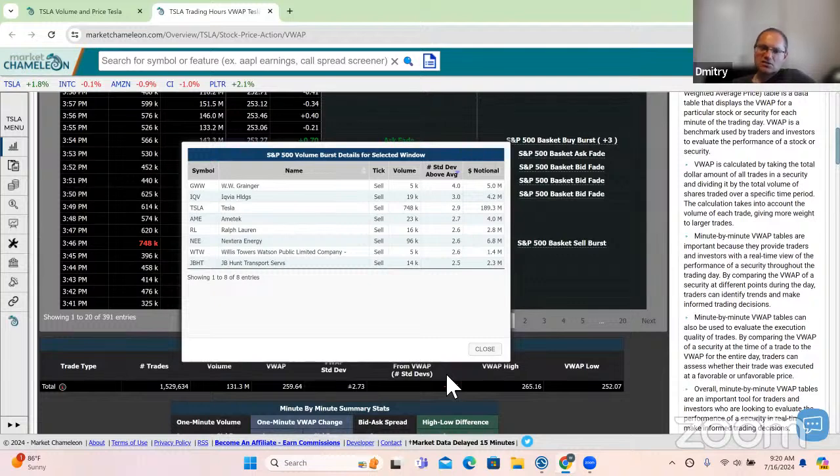8 stocks had a sell burst in the same period. So we brought them up just to take a look at what's going on here. Here you have the symbols, you have the names. You can see here Tesla, obviously that one happened at 3:46, and then we have Ralph Lauren, an energy stock. So nothing here indicates that these particular stocks are related. This could just be a coincidence.